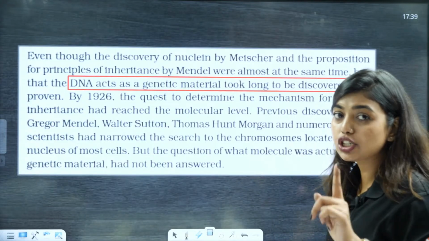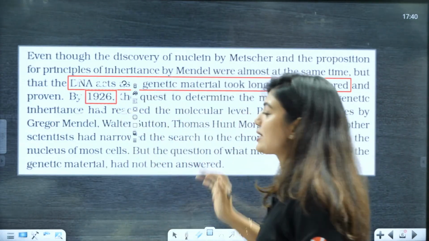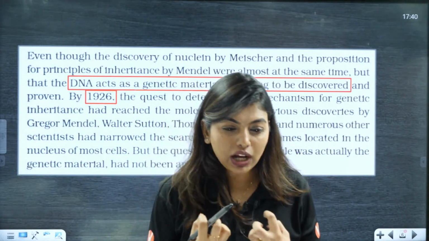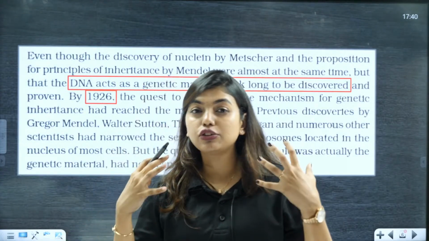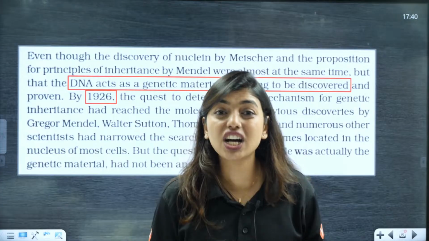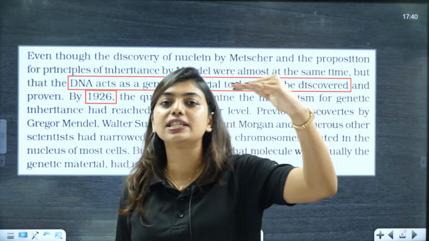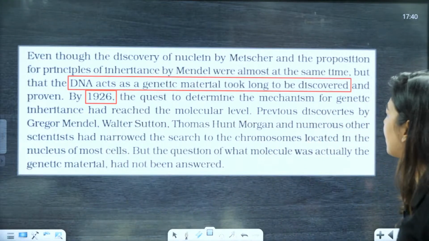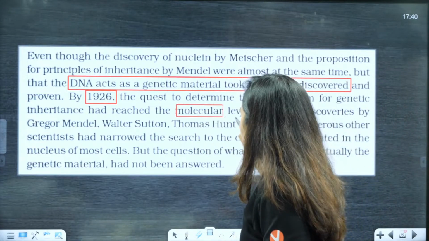By 1926, remember, the quest, meaning thirst, or rather need, arose. Ma'am, now I have a quest, I want to crack NEET. That means you have that aggression, that search, that willingness that okay, we have to find this. That kind of need arose at that time. So the quest to determine the mechanism for genetic inheritance had reached the molecular level.